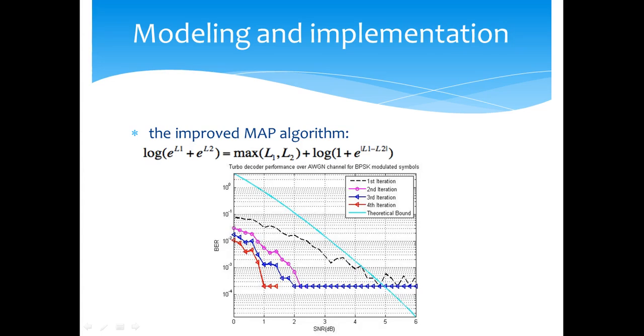According to this image, we can clearly see the BER decreases with the increase of iterations, and the more iterations you do, the faster the BER decreases with the increase of SNR.